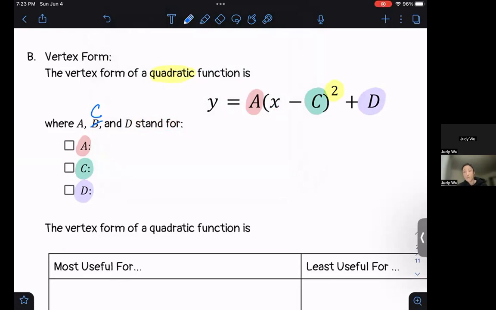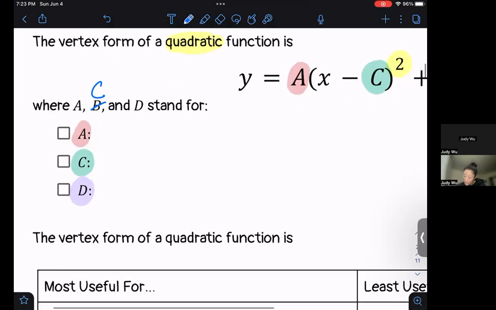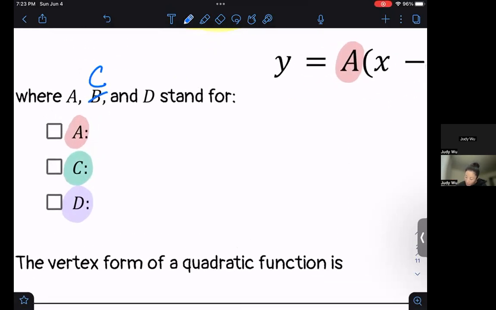Now, we're not going to focus on B very much, the horizontal stretching and shrinking of the parabola. We are mostly going to focus on the vertical stretching and shrinking, and then moving the parabola side to side and up and down. So as a quick reminder, if the absolute value of A is greater than 1, we have a vertical stretch.